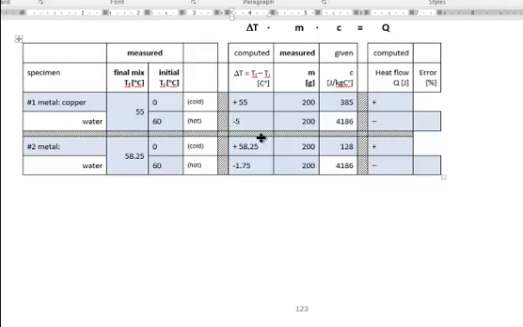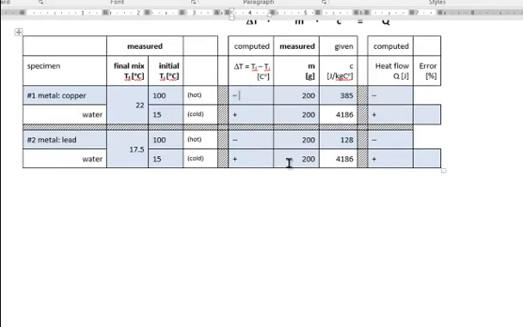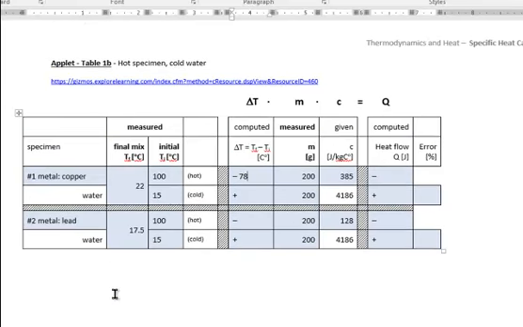Let's see, and then on the other one, so 78, and here the heat is flowing out of the copper, so it's a -78, into the water, so that's a +7, flowing out of the lead, so that's -82.5, and then this one is 2.5.